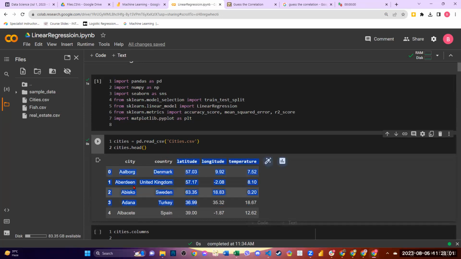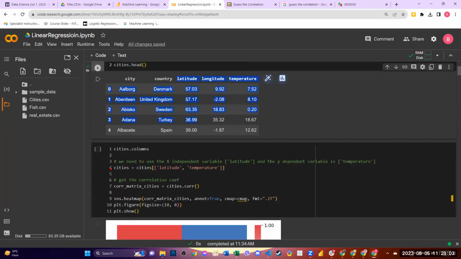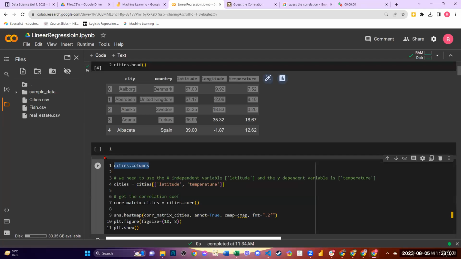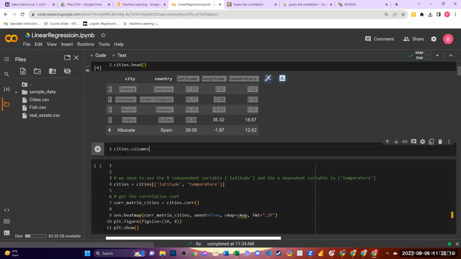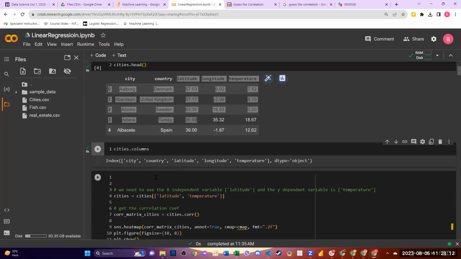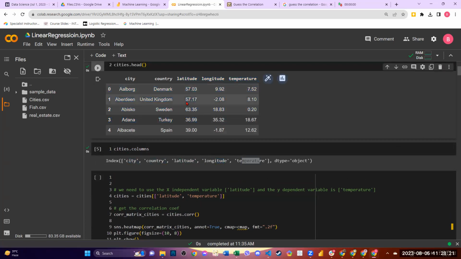We have these columns: city, country, latitude, longitude, temperature. We need to know the most important independent variables to be used in our regression. So we will be using latitude, longitude, and temperature.